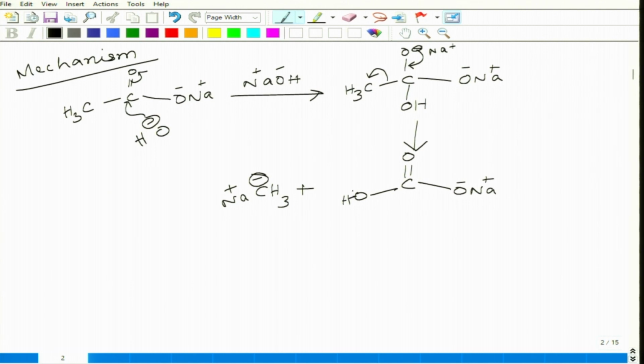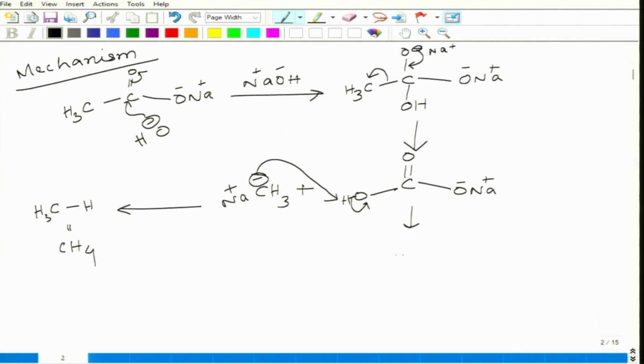Now, this CH3 minus will take up one hydrogen from here, and the OH bond will break. When it takes up one hydrogen, this becomes CH4, that is methane. And what happens here?